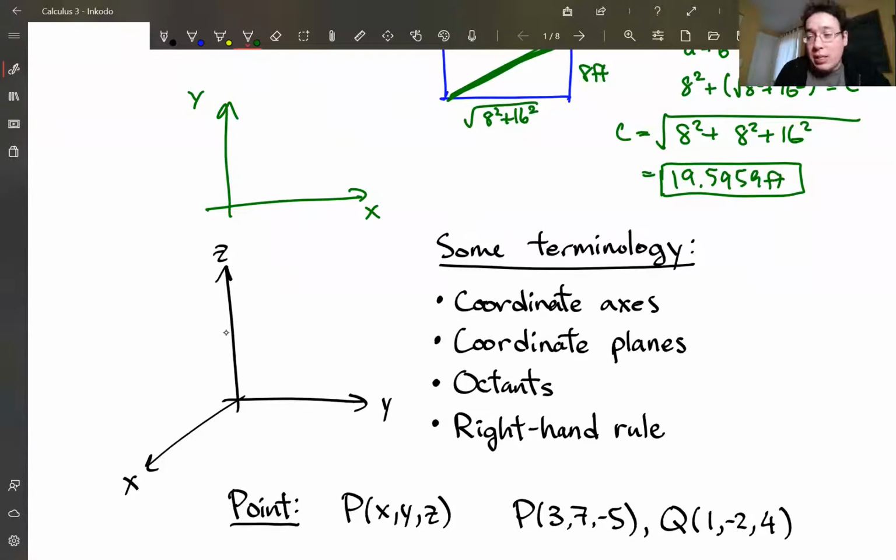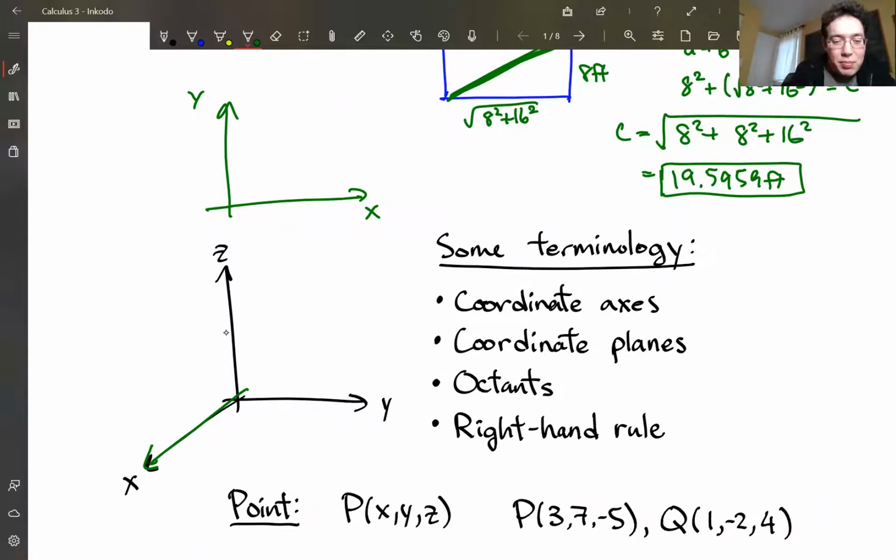If we're going to add a dimension to that, we're kind of drawing a three-dimensional thing in a two-dimensional space, so there's going to be some perspective that goes on. So we're going to have to fit some third axis in here somehow. How we usually draw this is going to be this way. There's going to be an x-axis that's kind of pointing at you to the left.